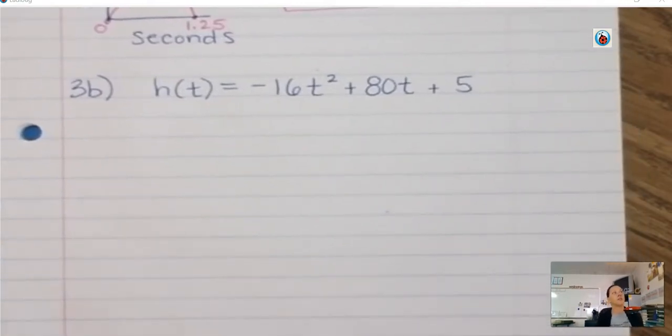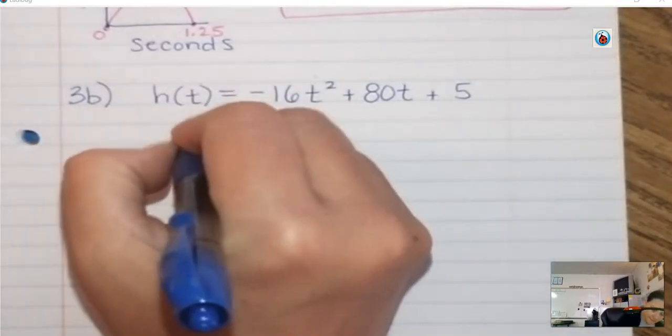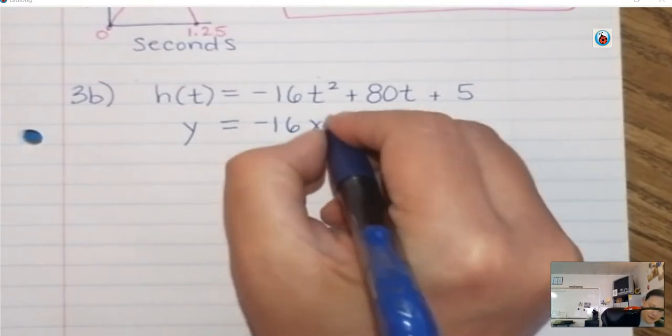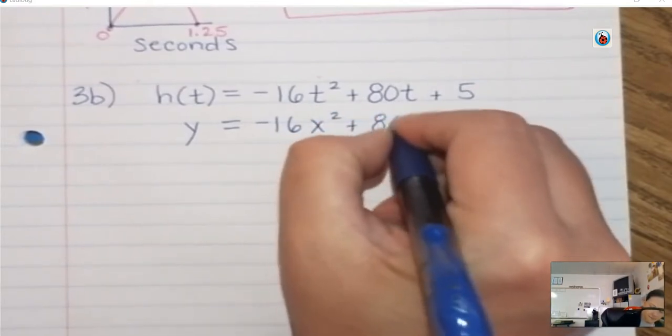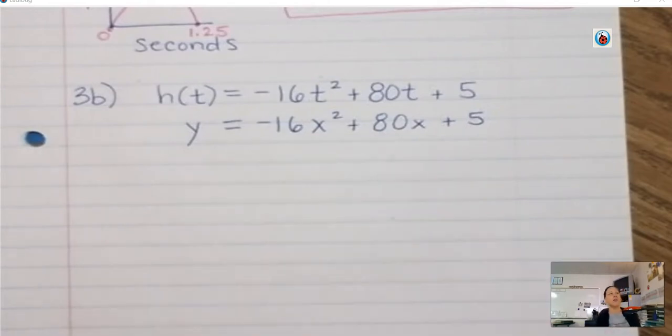Okay, first convert that into what you want to type into the calculator. So h of t, that ending height, that's really y. And the t for time, that's really your x. So you don't have to rewrite it, but if you think later you're going to go back and not understand what happened.